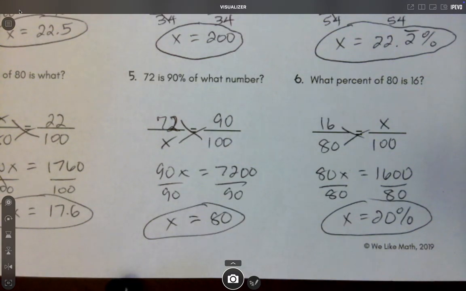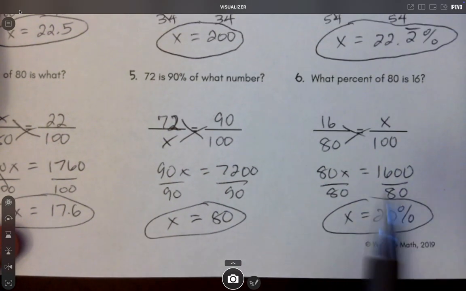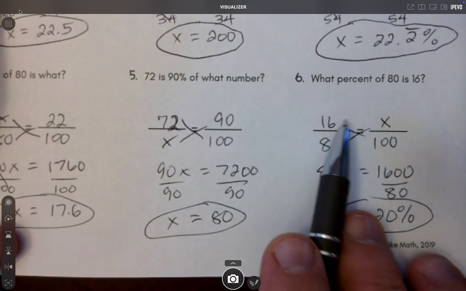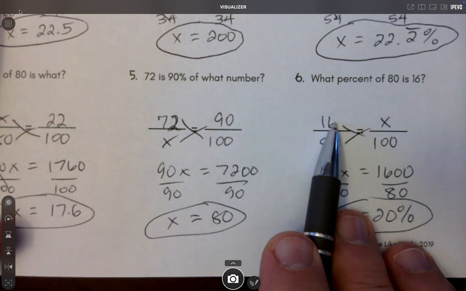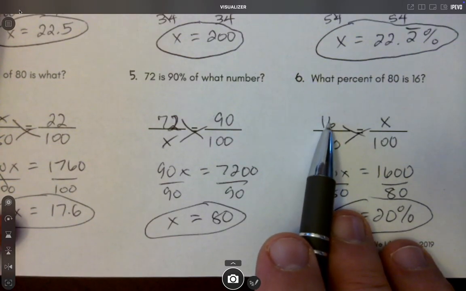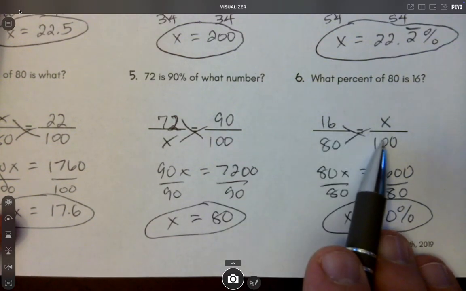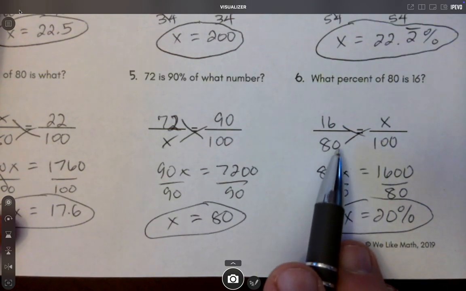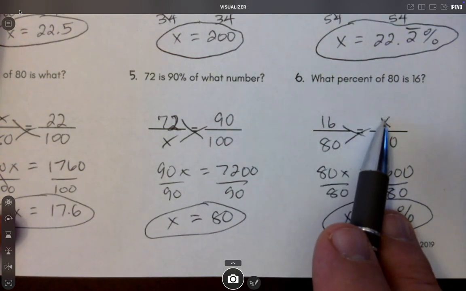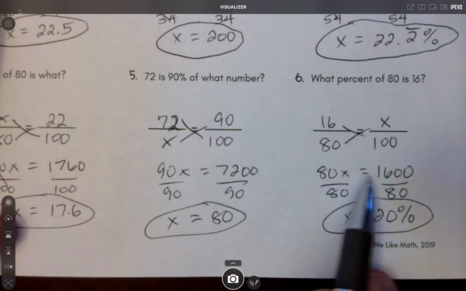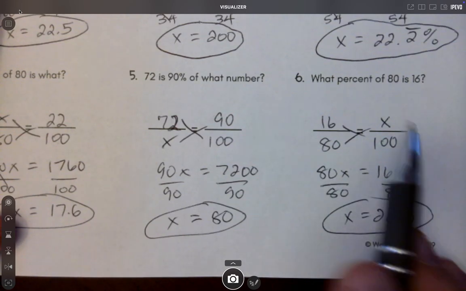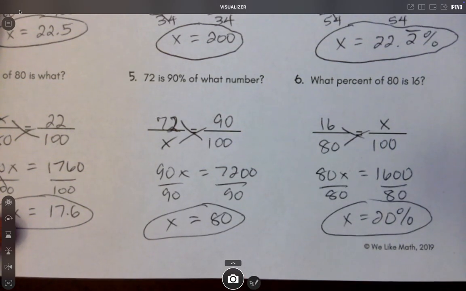Okay, one very brief thing I want to tell you. Technically, when you cross multiply, the things that are on top keep their side. In other words, technically, I should put 16 times 100, 1,600, on the left, and 80 times x, since the x is on the right. Whatever's on top keeps its side. It doesn't matter with these problems really which one you put, because it is an equal sign.